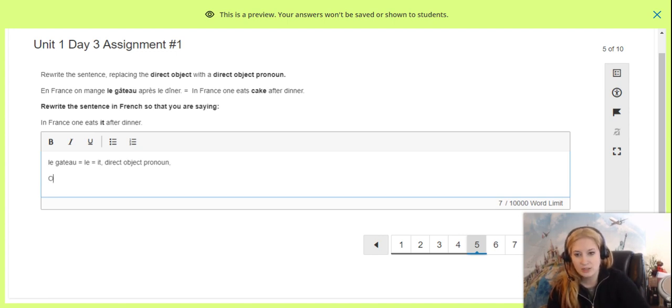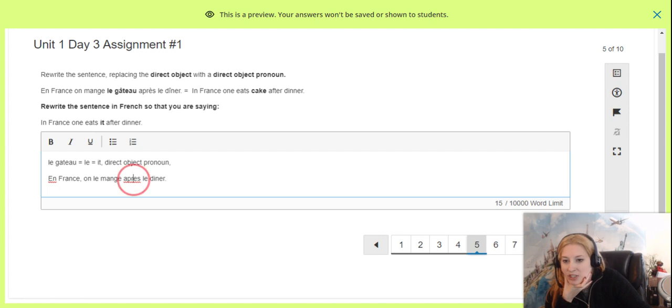So what that's going to look like is en France, on le mange. That le, which is replacing gâteau, goes in front of mange. Après le dîner. So that's in France, one eats it after dinner. And we can put the accent there.